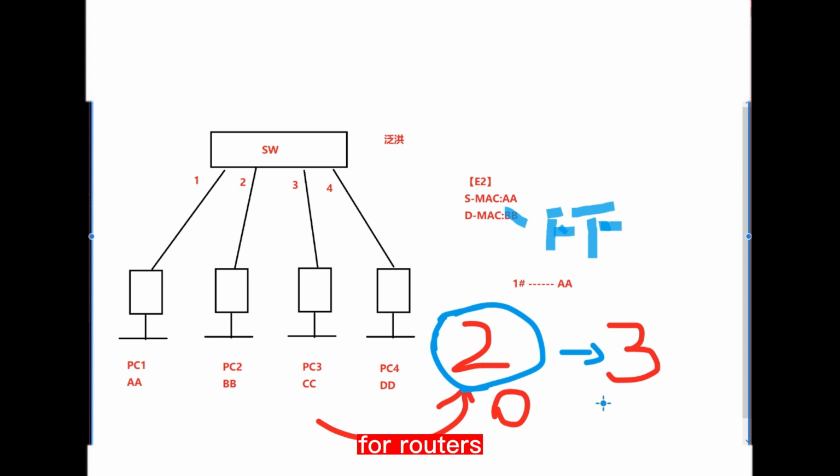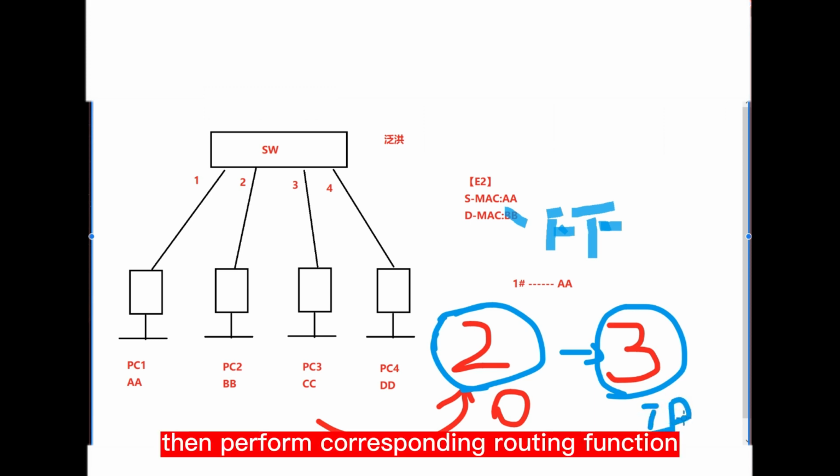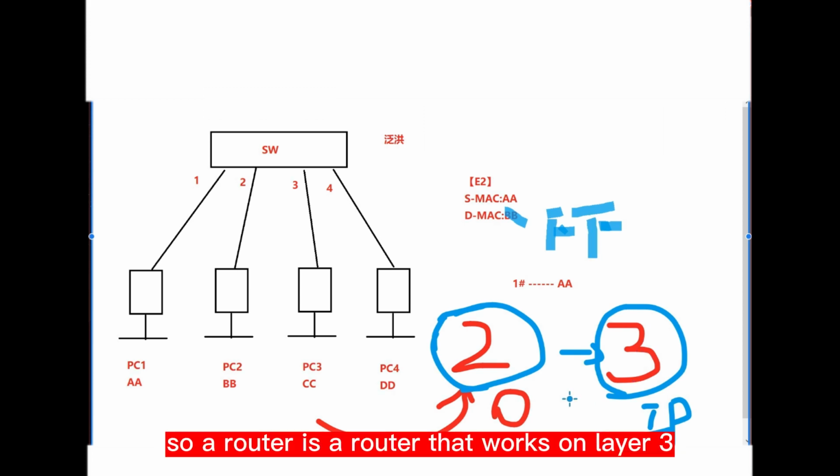For routers, after receiving, it must first see the second layer: the destination MAC is sent to it. Yes. Then look at the third layer, where we need to look at the destination IP address, then perform the corresponding routing function, addressing and forwarding. So a router works on layer 3.